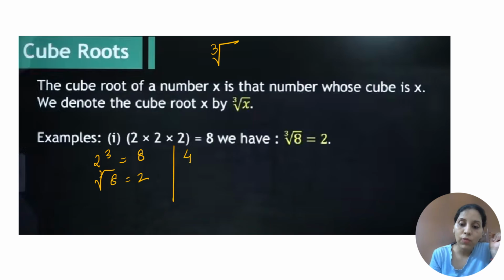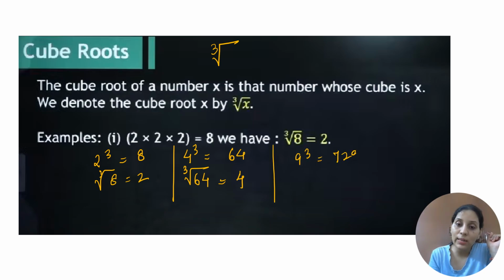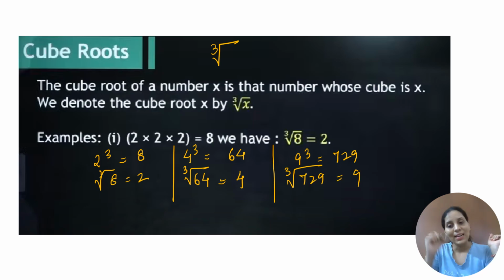Similarly, 4 cube is 64. So the cube root of 64 is 4. Similarly, 9 cube is 729. So if I want the cube root of 729, it is 9.